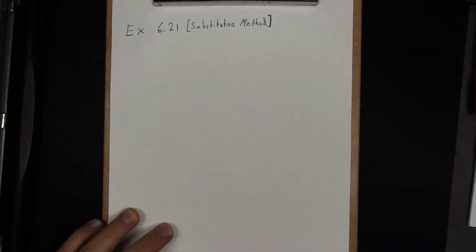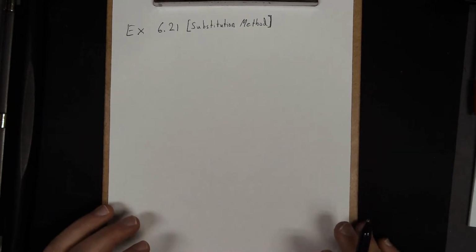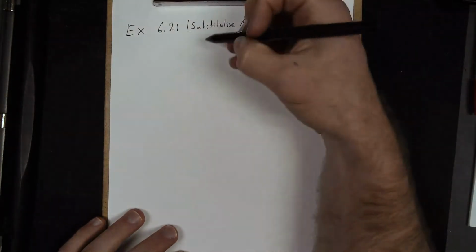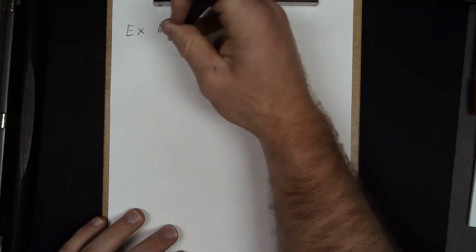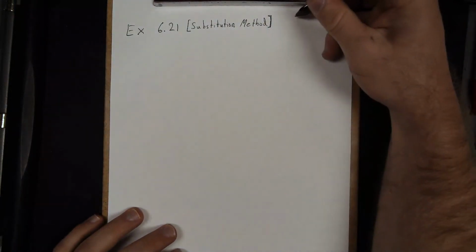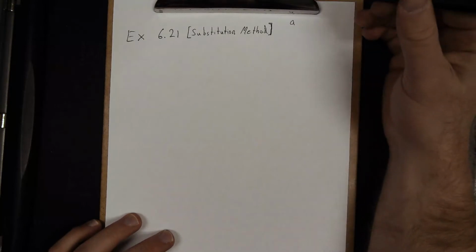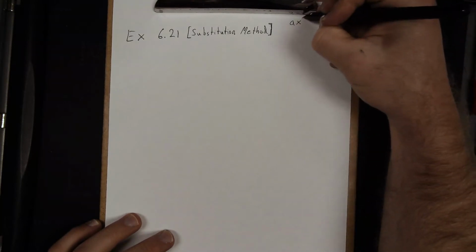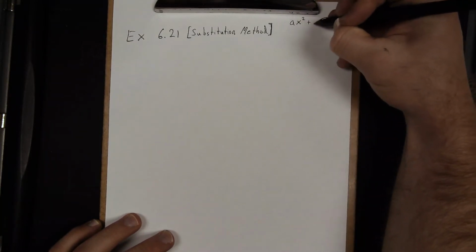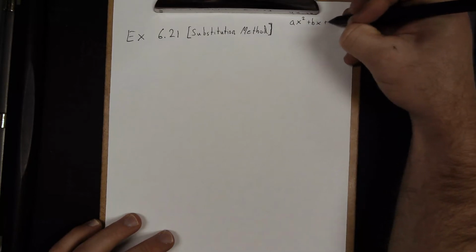Okay. So every trinomial we've been dealing with so far has been of the form ax squared plus bx plus c.